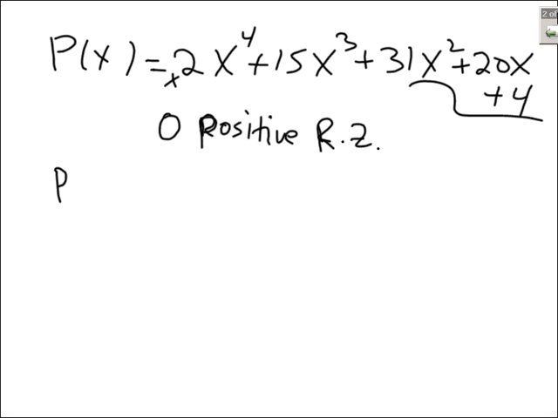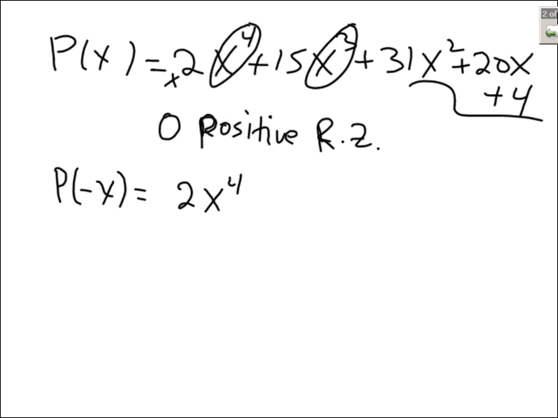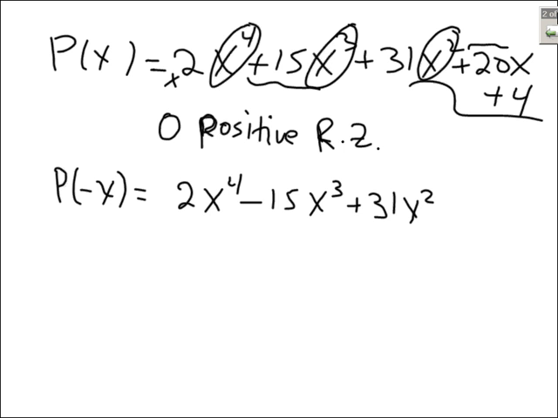If you wanted to test for negatives, well, if you raise negative x to the 4th power, nothing happens. If you raise negative x to the 3rd power, you'll get a sign change, so negative 15x cubed. Negative x squared is the same as x squared. Positive 20x times negative x will be negative 20x plus 4.